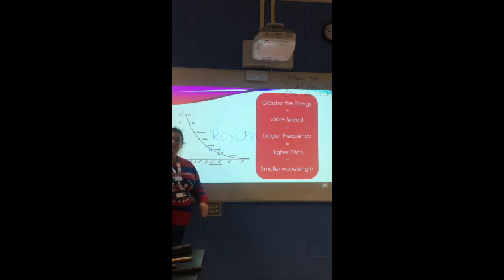And gamma rays, we talked about this a little bit with the nuclear chemistry option, back in Unit 4, which was forever ago. But you don't want to be hit by gamma rays because gamma rays is what made the Hulk. So shortest wave, more powerful.